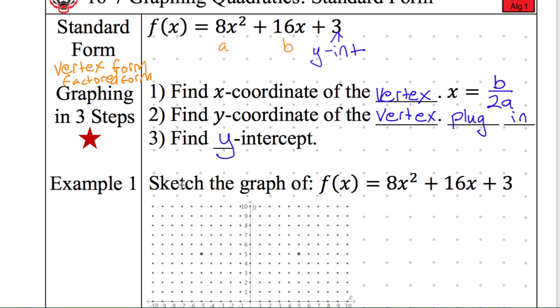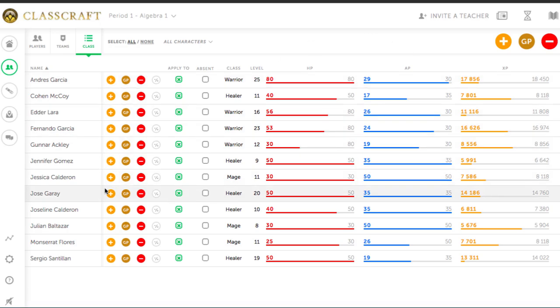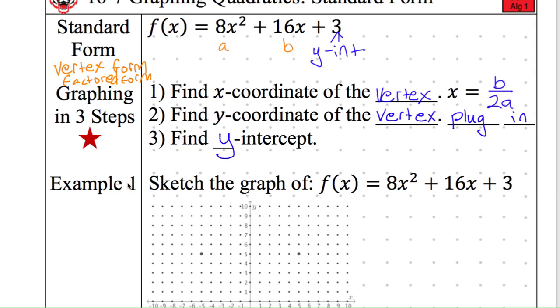Find the y-intercept. Because standard form is so nice, it gives us the y-intercept, just use it. I'm always going to be giving you an integer, a whole number, for the y-intercept, and that whole number should be on that graph. So just use it. It's a really nice way to find that second point. The hard part is using this formula. Thank you, Jose.